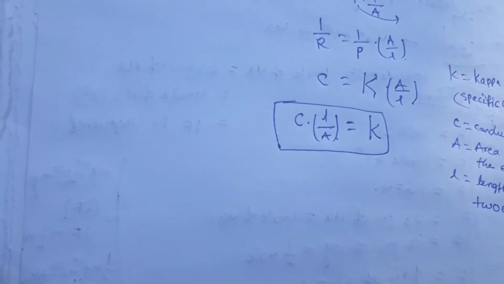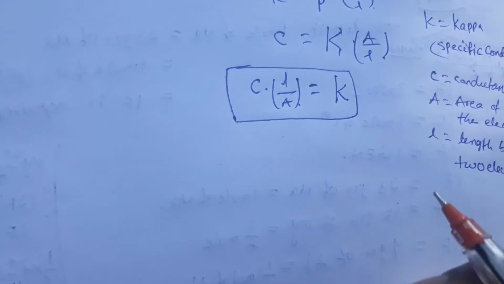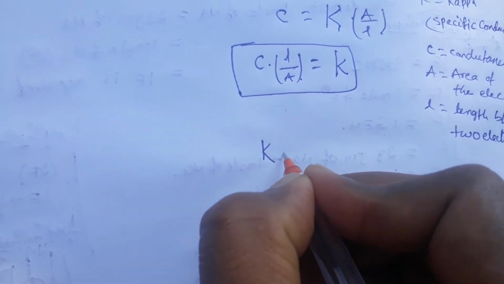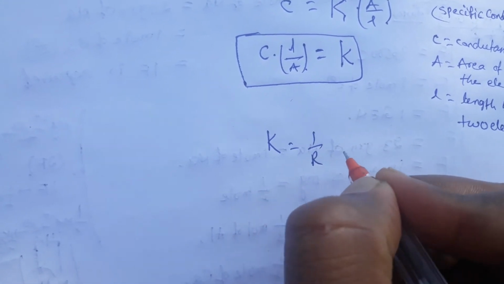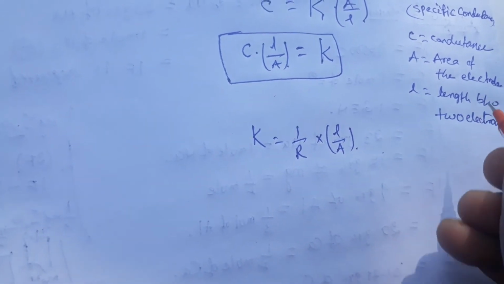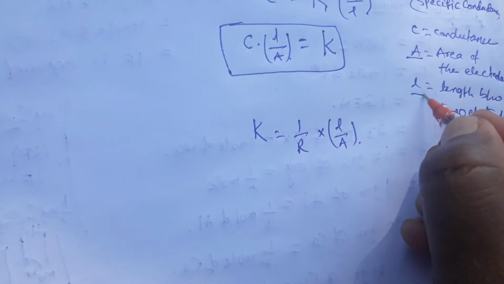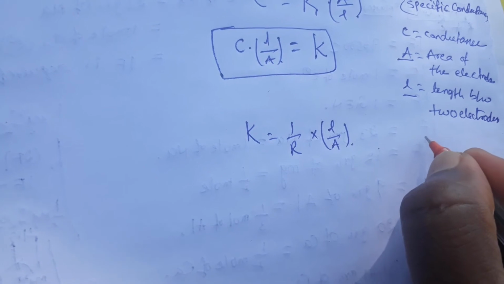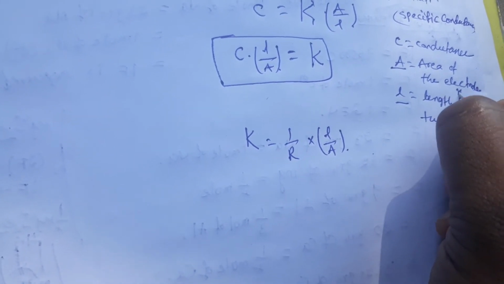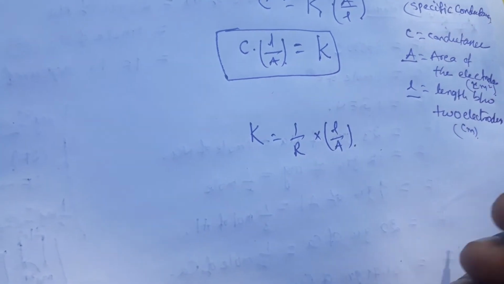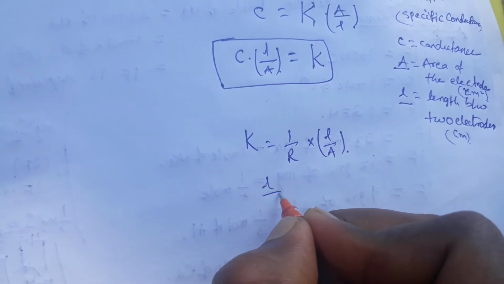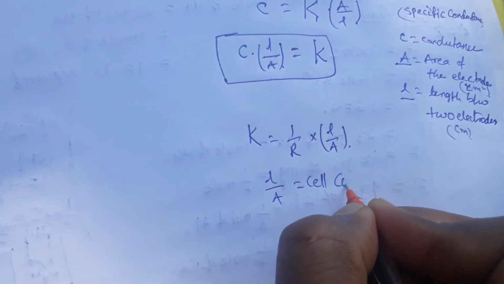So kappa is equal to 1 by R into L by A. Here the area is constant and the length is also constant. Length is in centimeter and area is in centimeter square. So L by A I can write as the cell constant.